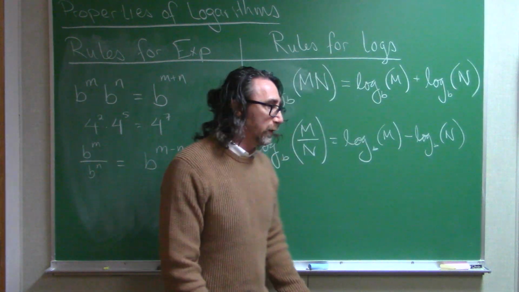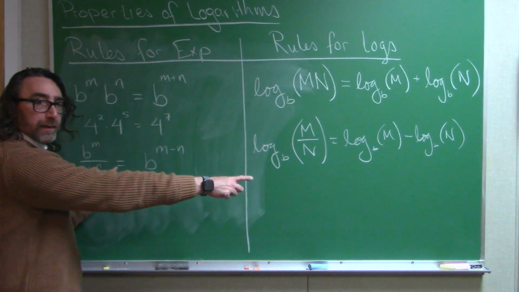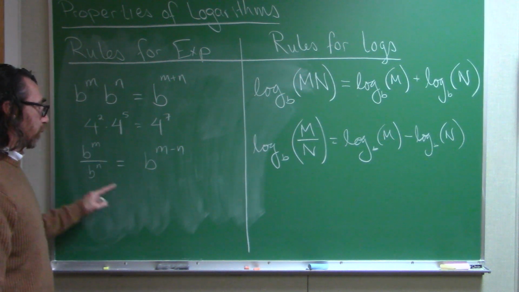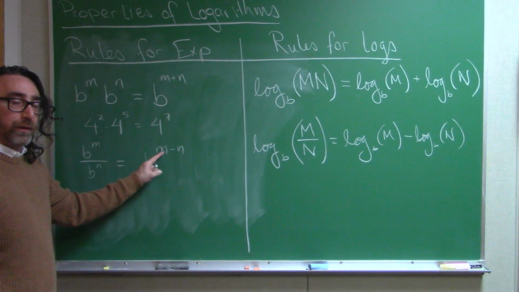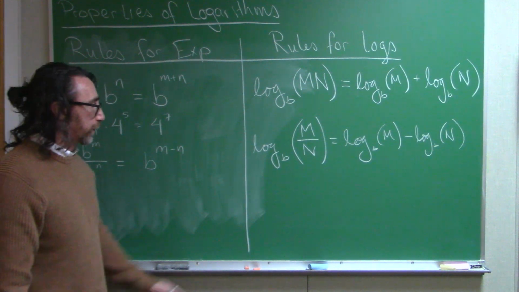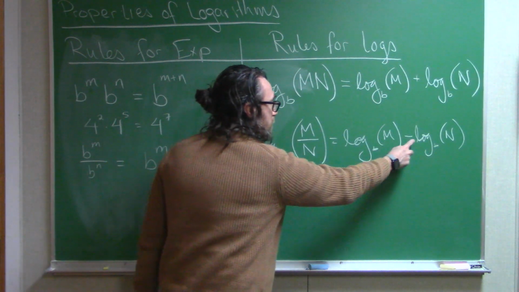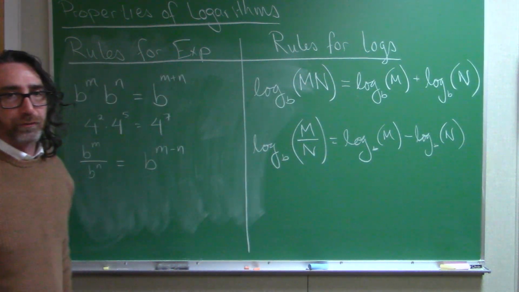These two equations are saying the exact same thing. What power do I need on this quotient? Well, you take the difference of the two powers. You take the power you needed for the top and subtract the power that you needed for the bottom.